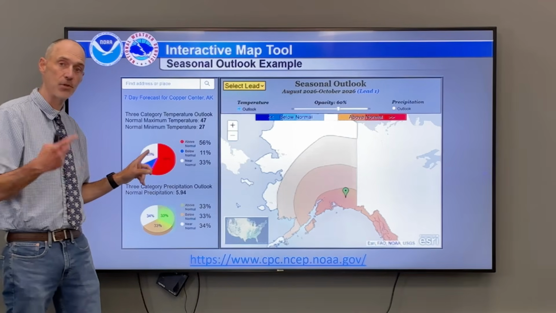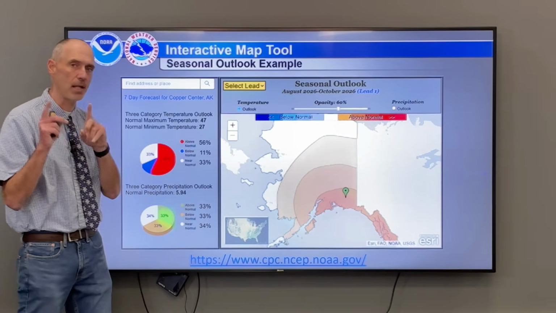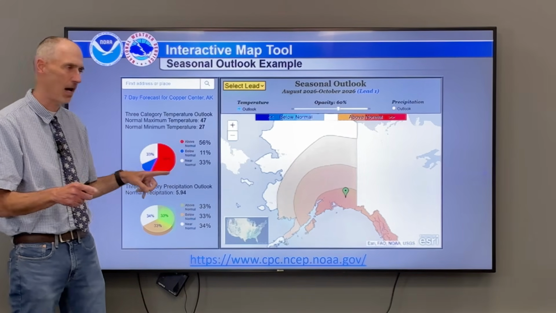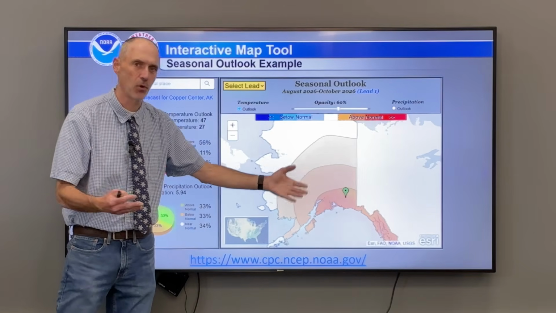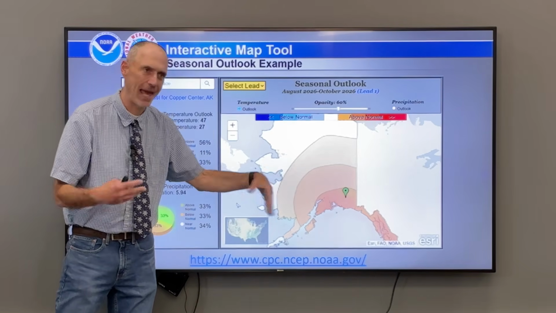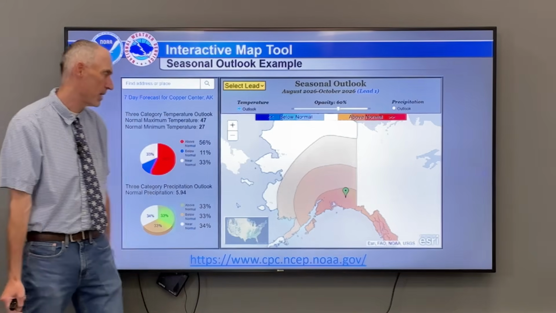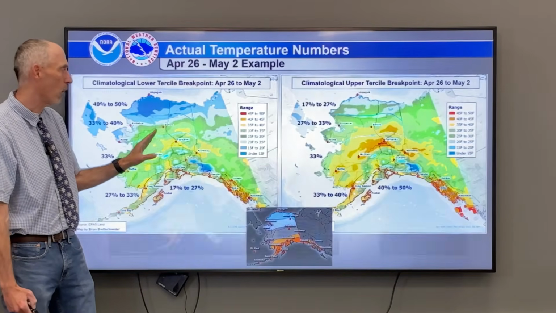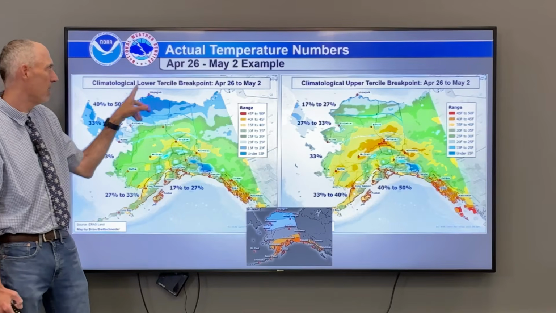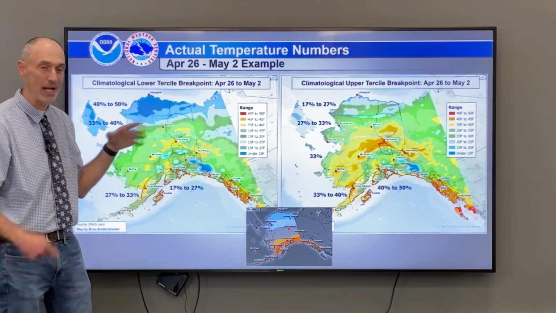But again, these are probabilities. These are not temperatures. We're not saying it's going to be X degrees or X amount of precipitation. We're saying this is the probability of being above or below normal. And going back to this, above or below normal. What is normal?